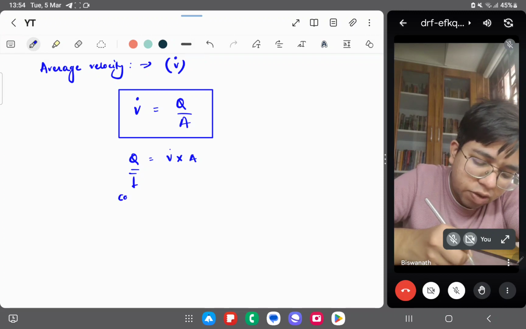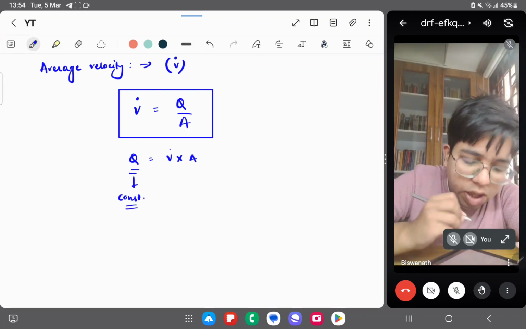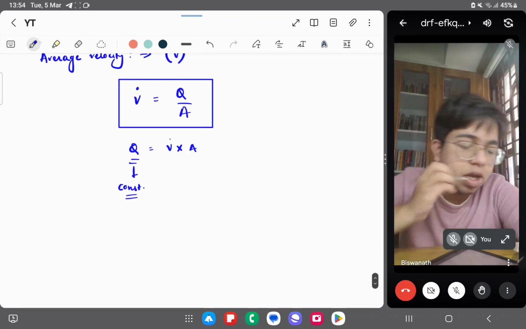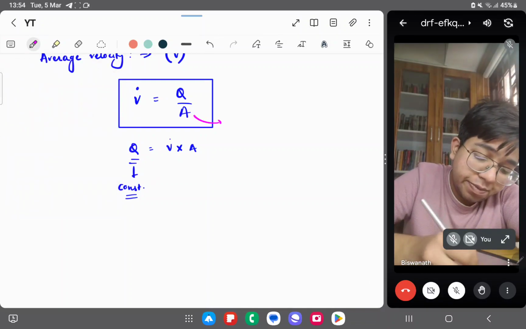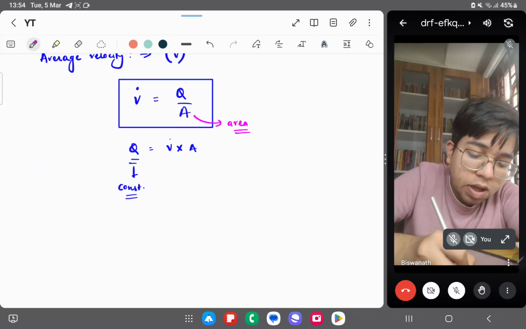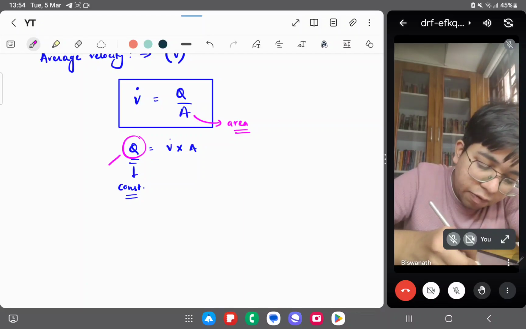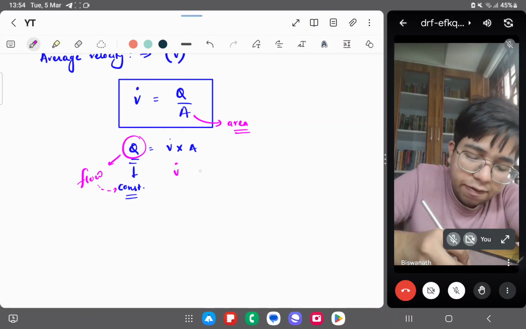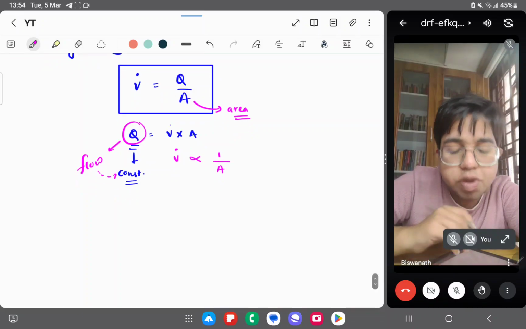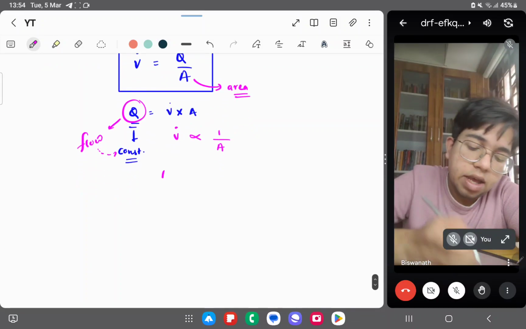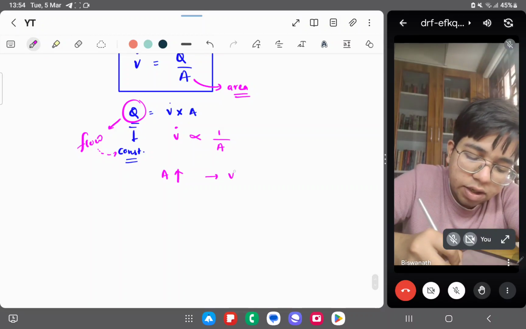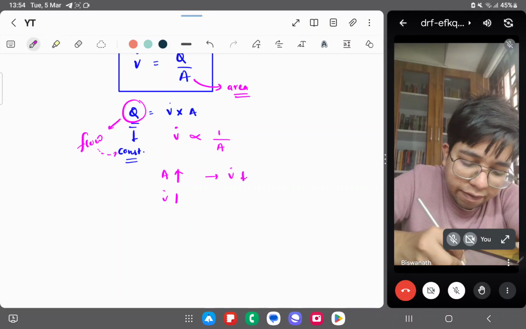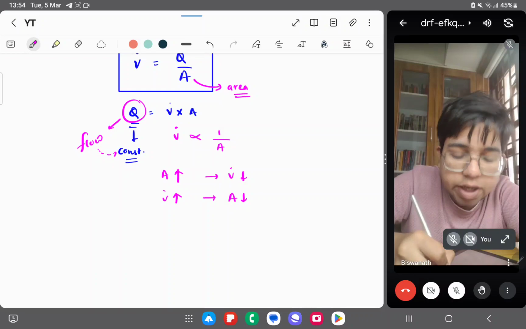If this q is constant, if this flow is constant, and a is the area, of course, then v and a are inversely proportional, right? If area is increased, your v will decrease, and if v will increase, your area will decrease.